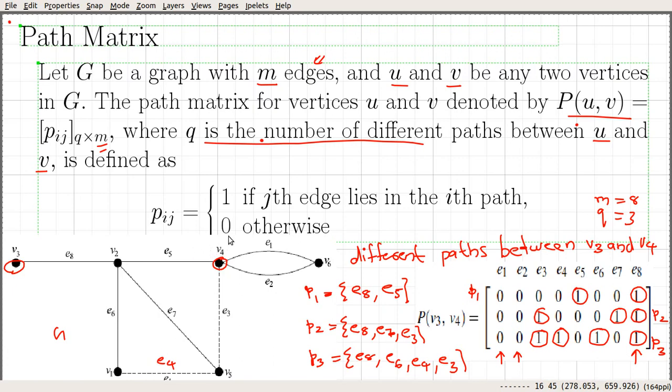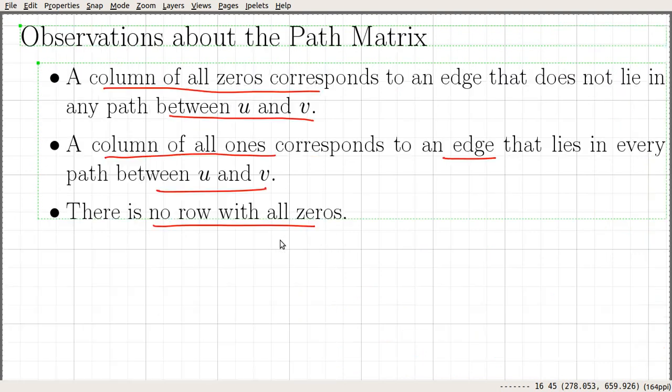If it's a disconnected, then that may happen, but that is not considered here, okay. So that three basic observations about the path matrix. A column of all zeros corresponds to an edge that does not lie in any path between U and V. A column of all ones corresponds to an edge that lies in every path between U and V, and there is no row with all zeros, okay.